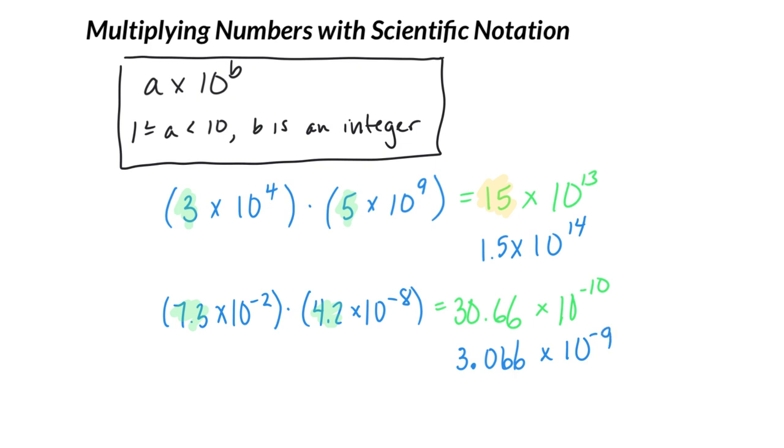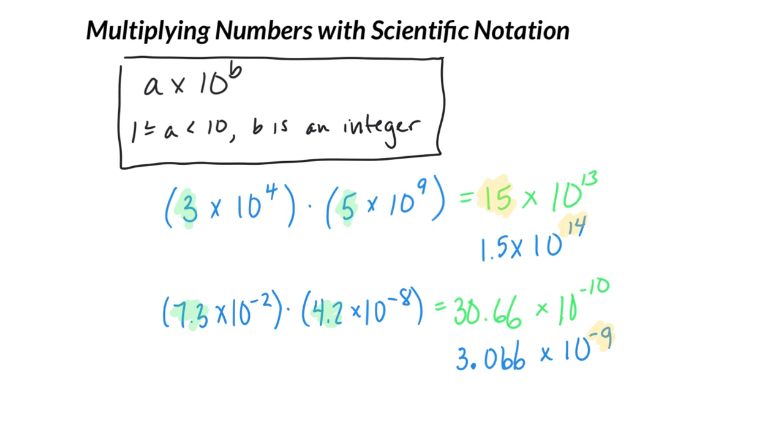So you'll notice in both of these cases, if you wanted to come up with a rule, in both of those cases, I've increased the exponent by 1, from 13 to 14, and from negative 10 to negative 9. Of course, being as it's negative, it looks a little bit different, but I did increase it in both cases.